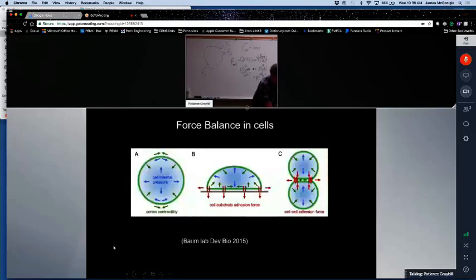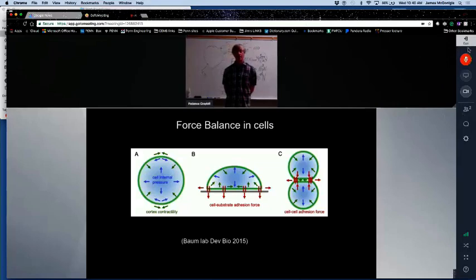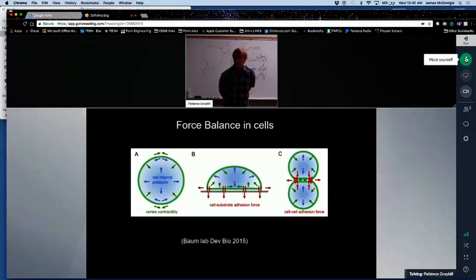Okay, and here's some examples of how forces balance out in cells. On the left-hand side, you see that there is an internal pressure from the inside of the cell. And do any of the students there know where that pressure comes from? Okay, any ideas where that pressure might come from?